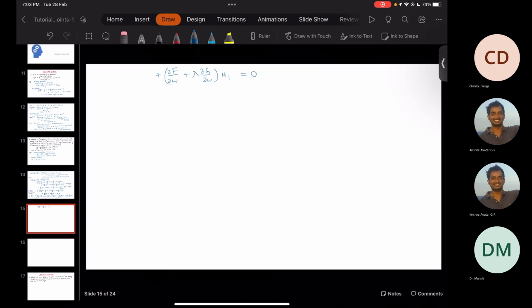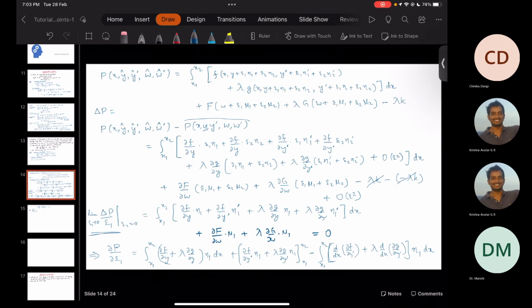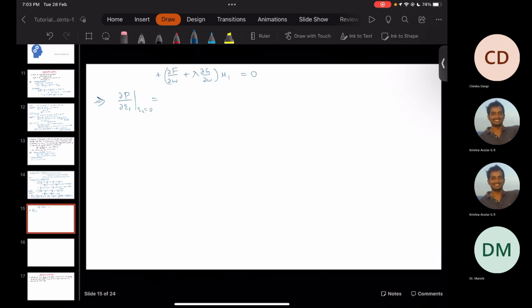So essentially, let's rewrite the entire expression in a compact form. So we'll have ∂P/∂ε at ε2 equal to 0, right? So this is the condition. I said right here that we are finding at ε2 equal to 0, which is anyway the same thing, even if you don't write this.